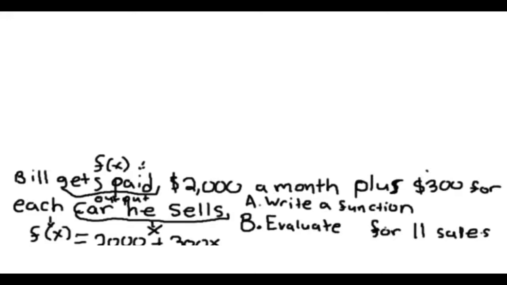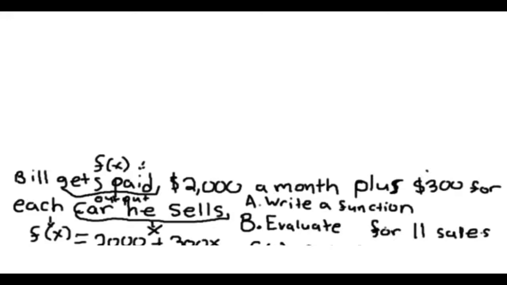So the next part of this problem is evaluate for 11 sales. So how much money would he make if he were to sell 11 cars? And that's just a matter of plugging 11 into this equation for x. So the amount of money he would make, so f of 11, just like we did on a previous example, would just be 2,000 plus 300.